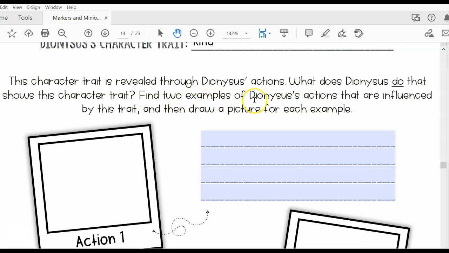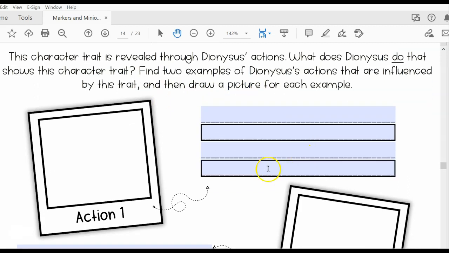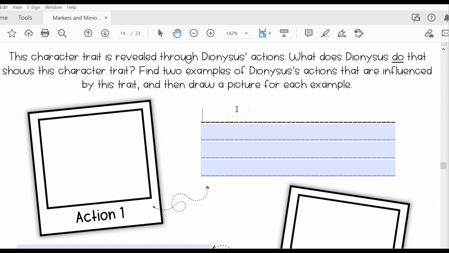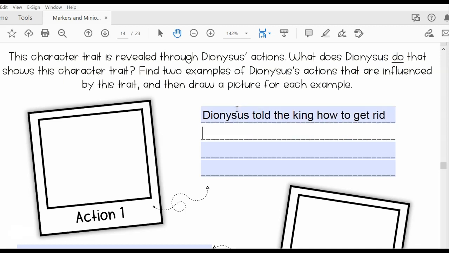Then it says, find two examples of Dionysus' actions that are influenced by this trait, and then draw a picture. So first, what's one thing that he did in those paragraphs? Lena? Yes. I'm going to write his name down. Dionysus told the king how to get rid of the spell, right?